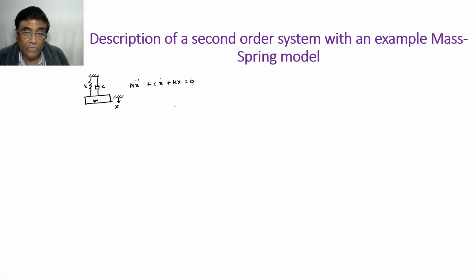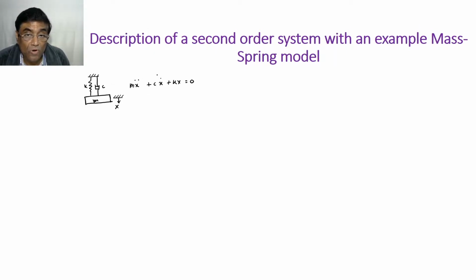And how we derive this dynamic equation, you can refer to my earlier lecture: using D'Alembert's principle and transforming this system into a virtual static system, and then applying the static equilibrium condition, we obtain this.